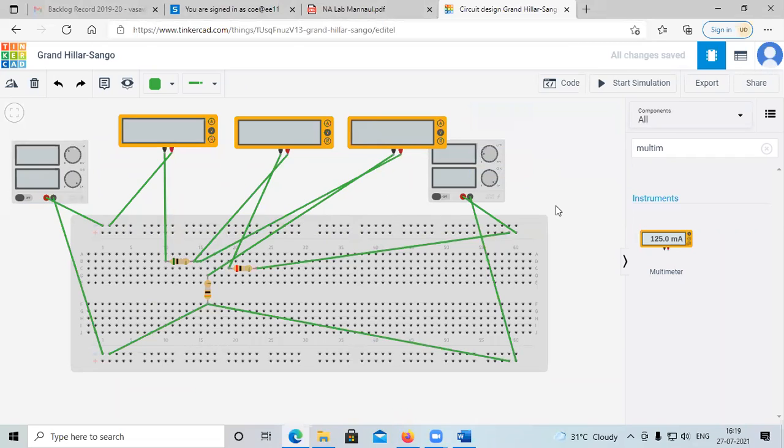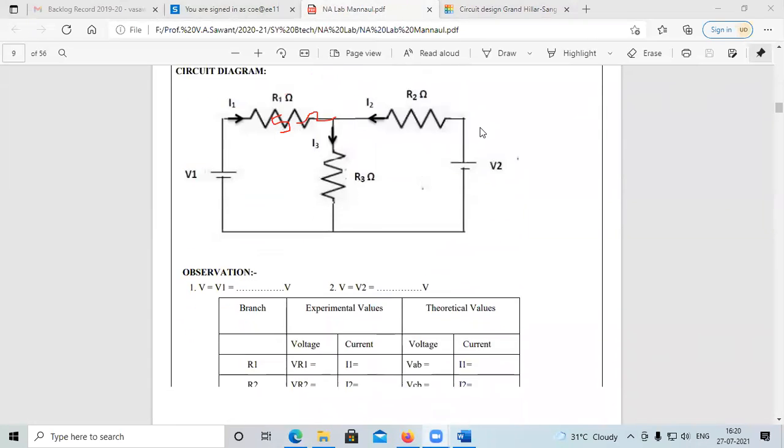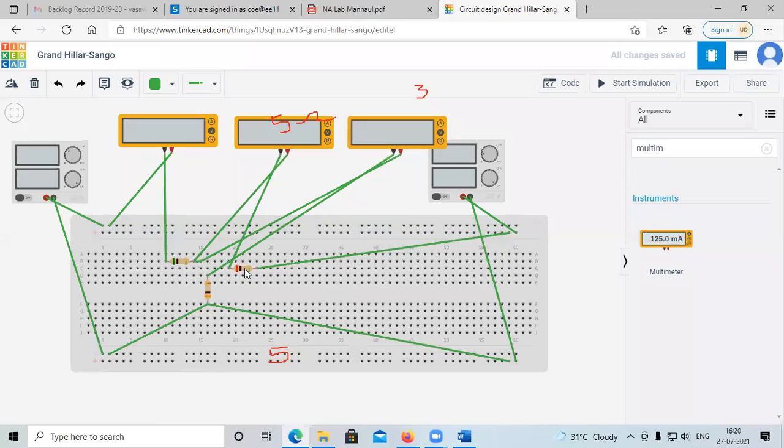For calculating the theoretical values, see which values we have taken. Take the value of this resistance as 5 ohm. R1 is equal to 5 ohm. You can write it here if you like. The value of this resistor R1 is equal to 5; you have to write these values again in the write-up. So see, the value of R1 is equal to 5. The value of R2 was here; what value did we take for it? So this value of R2, here is R2, here it is R2.